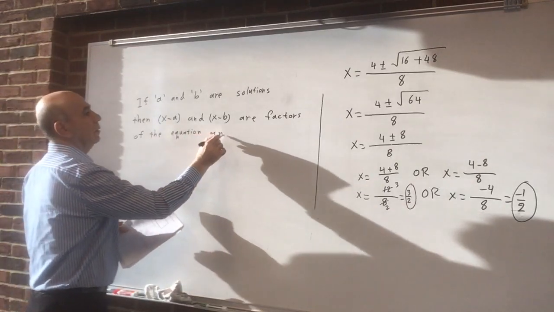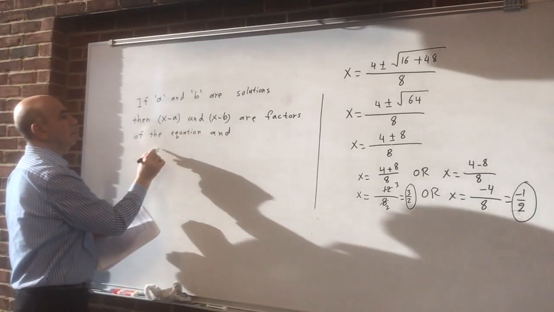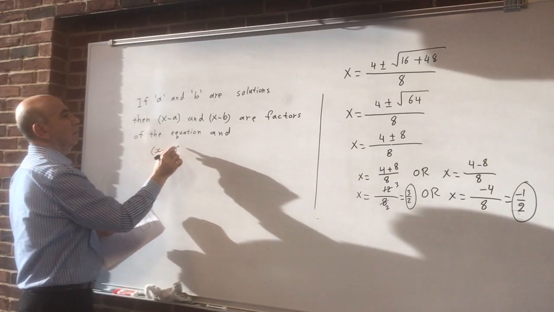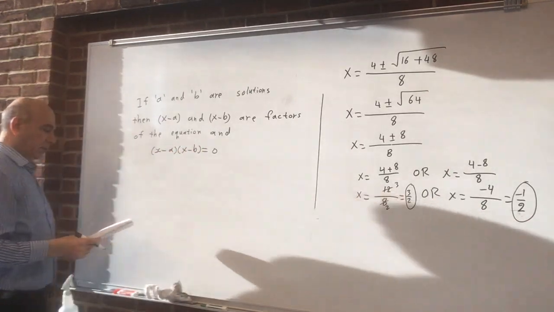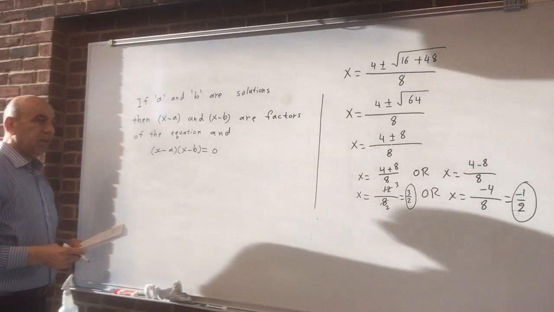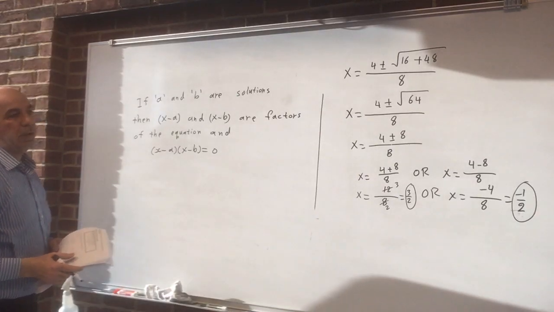And the product x minus a times x minus b equals 0 will give you the quadratic equation.